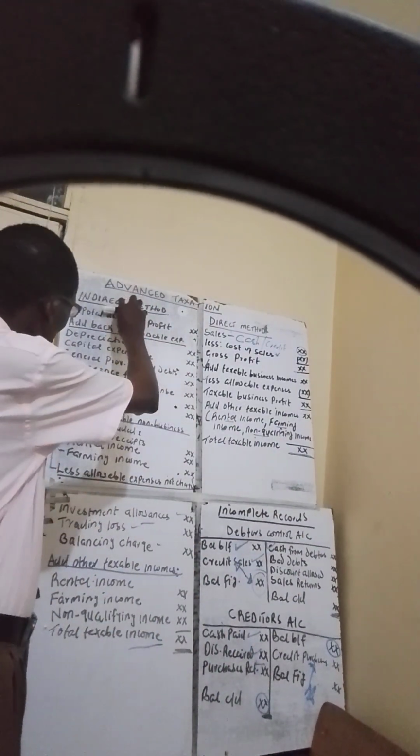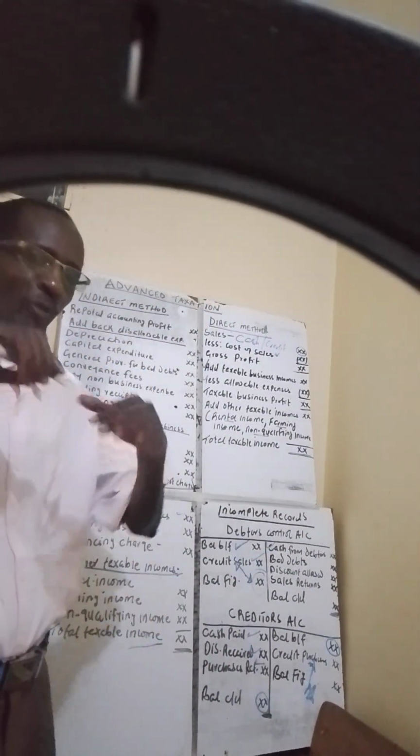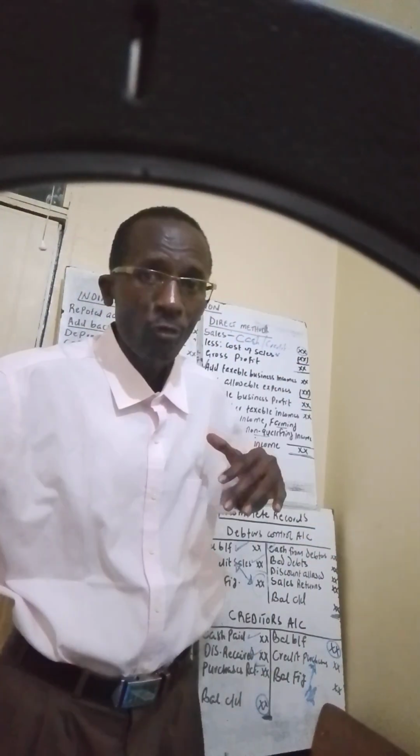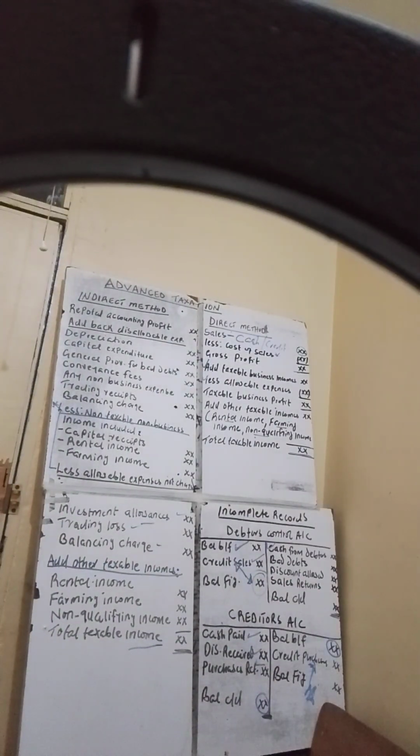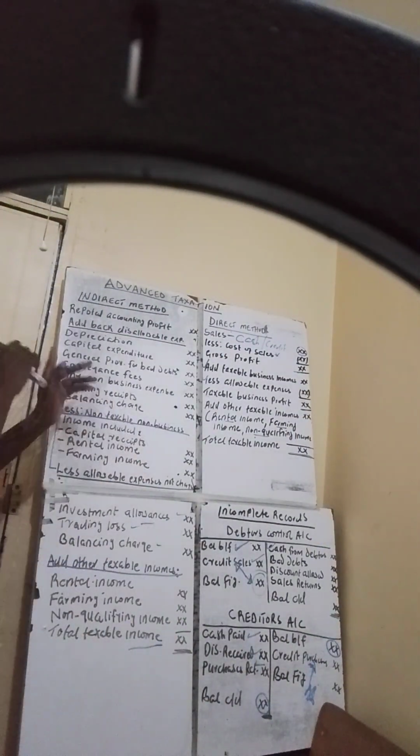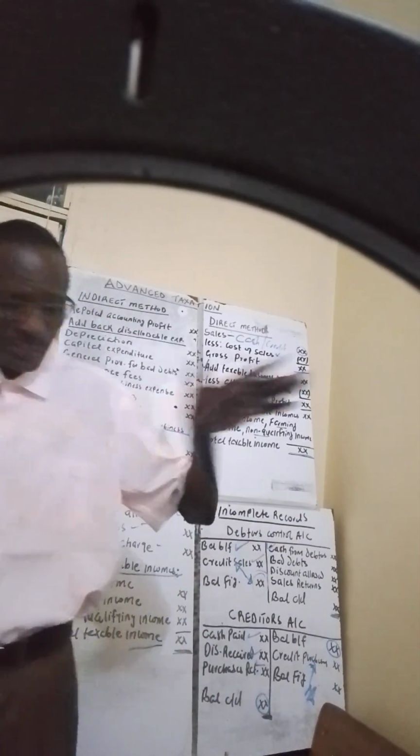The indirect method means that the accountant has prepared the accounting profit. Now, when he was preparing this accounting profit, what does it mean? It means that he got the sales minus cost of sales, he entered other incomes, then he deducted all the expenses.